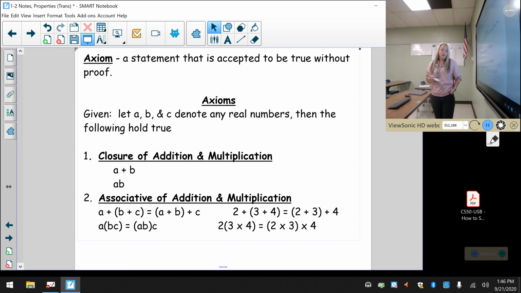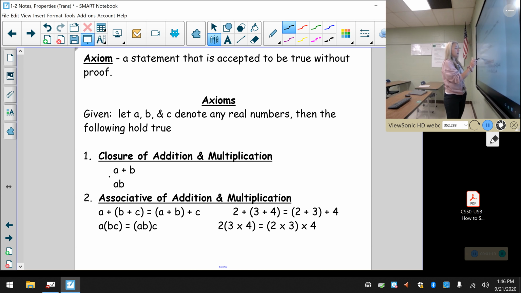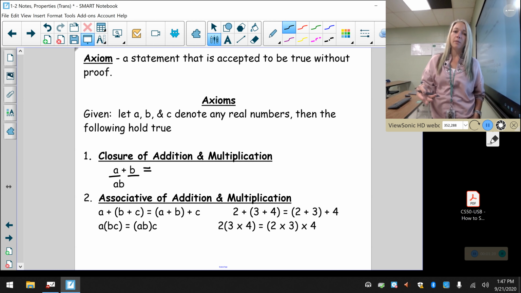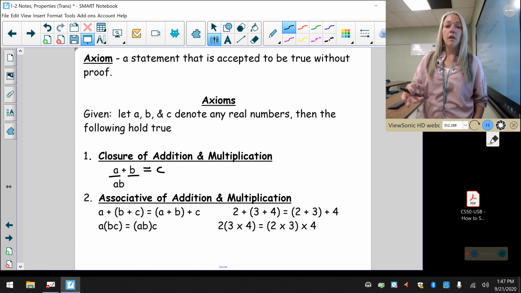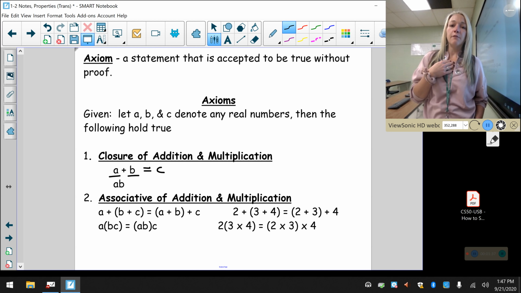If you add a whole number to a whole number, which is what this is saying right here, A plus B, is it possible for me to add a whole number to a whole number and get a fraction or a rational number? No. So A plus B, if it's whole, I'm going to get also C, which is a whole number as well. A times B, so if I multiply 4 times another whole number 2, is it possible for me to get a fraction?